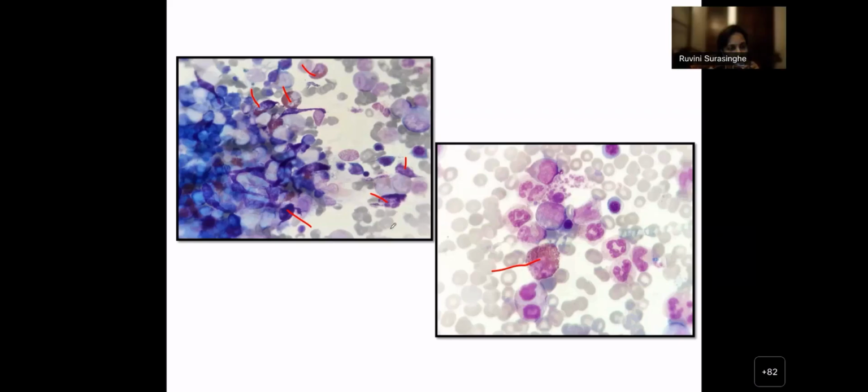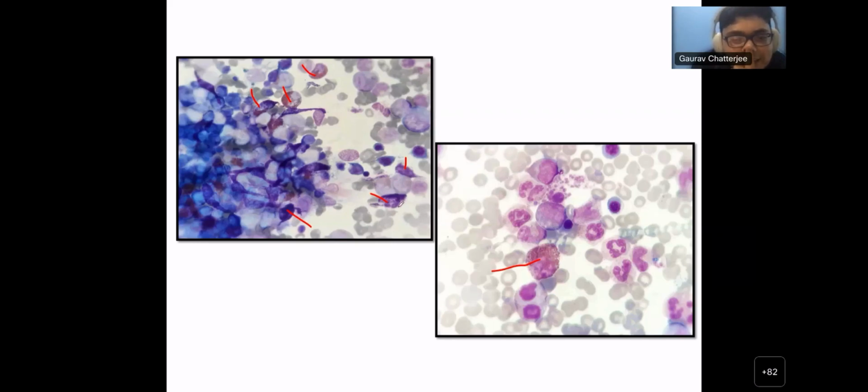In aspirate, usually basophils have coarser granules, while mast cells have slightly finer granules. The shape also helps: most of these mast cells look spindle shaped, which is typical of abnormal mast cells. So those things help you in picking up mast cells versus basophils. It's still a tricky differential sometimes, but in this case it looks like mast cells.